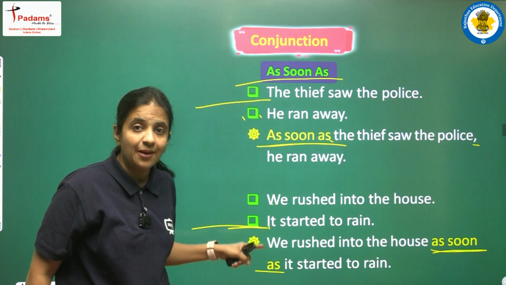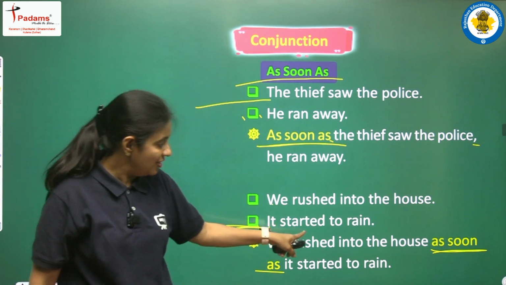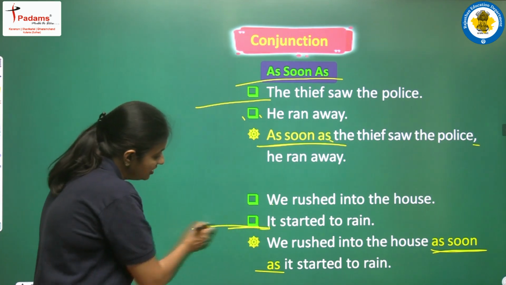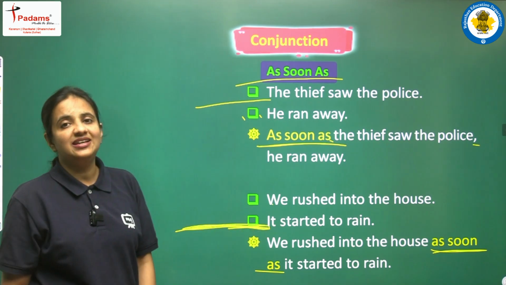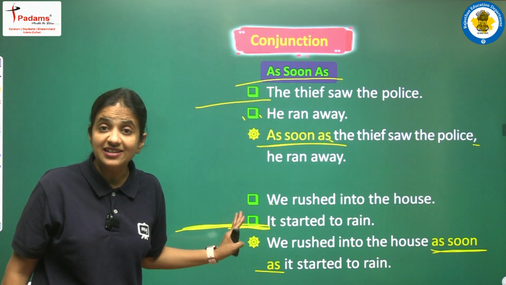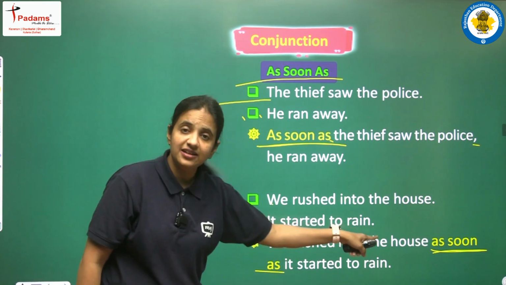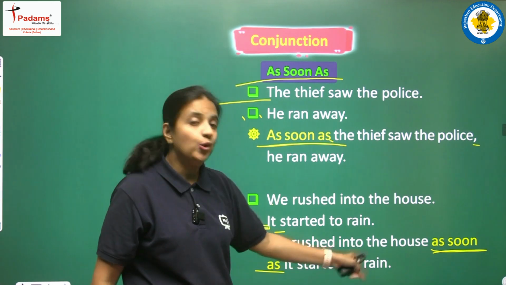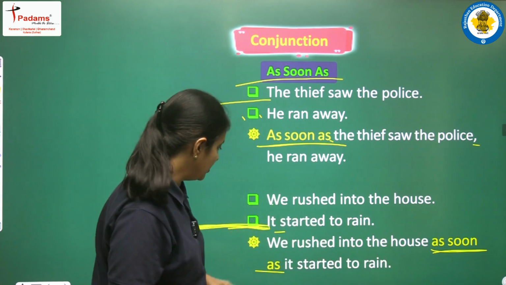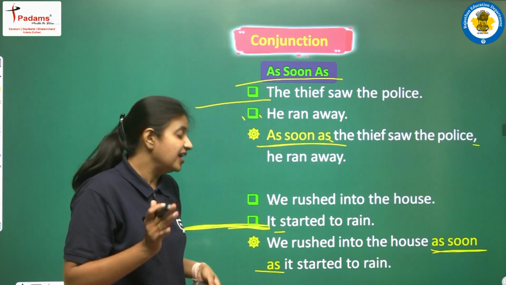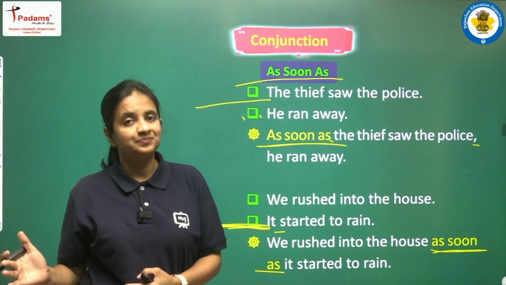But in this example, the action given in the second sentence happened first, so as soon as will be in the beginning of the second sentence. So we write as soon as, and after that the second sentence as it is: it started to rain. The complete sentence will be: we rushed into the house as soon as it started to rain.